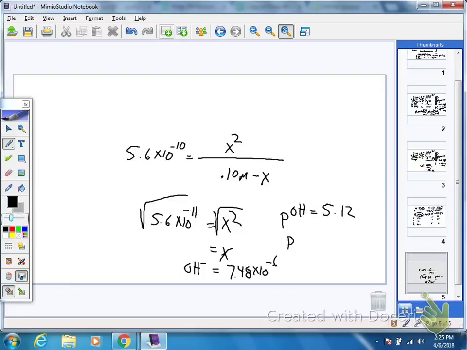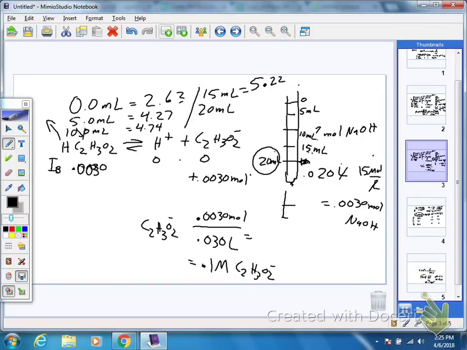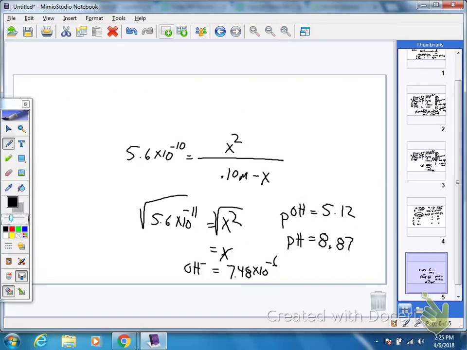The pH I find by taking 5.12, subtracting it from 14. And so when I do that, the pH is 8.87. So after adding 20 milliliters, 8.87 is what it is. Okay?